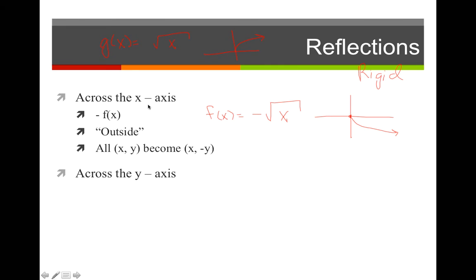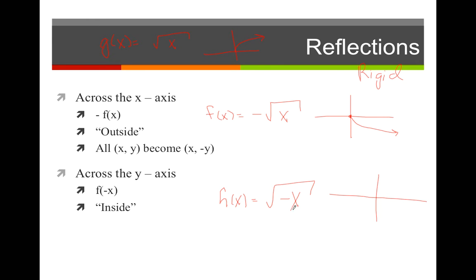Okay, so if you think about it, if I wanted to reflect across the x-axis, I have to change all my y's. So in order to go across the y-axis, I need to change all of my x's. So in this case, we're going to take f of negative x. So we're going to change it on the inside of the function. Call it h of x is equal to the square root of negative x, or the opposite of x.